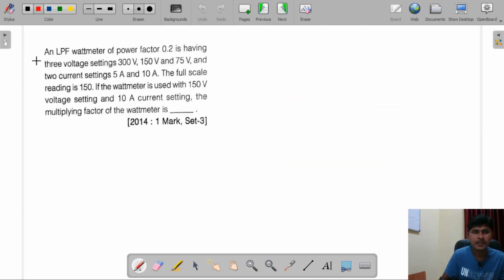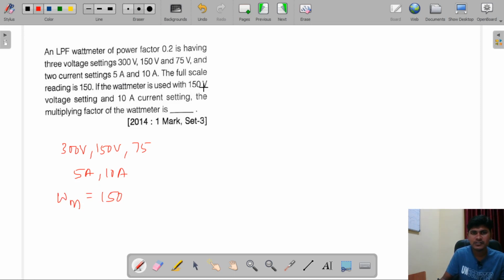The next question. An LPF wattmeter of power factor 0.2 is having three voltage settings: 300 volts, 150 volts, 75 volts. Current settings are 5 amps and 10 amps. The full scale reading Wm is 150.